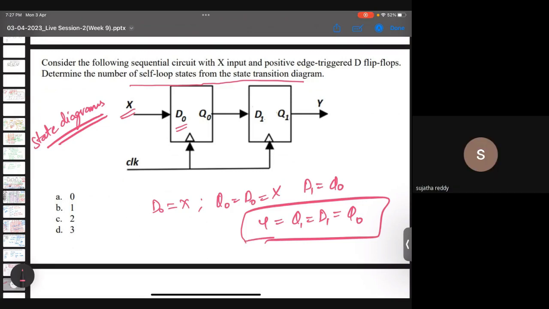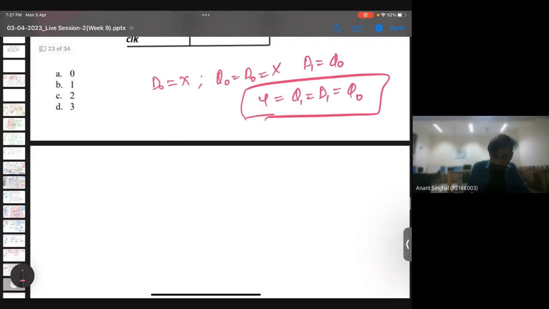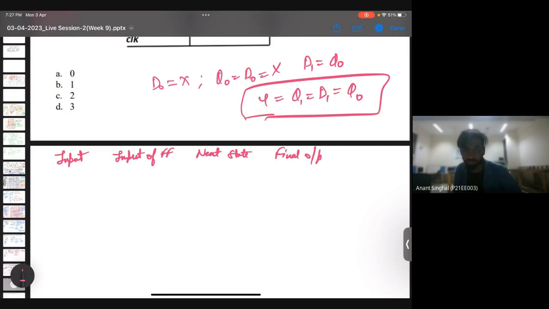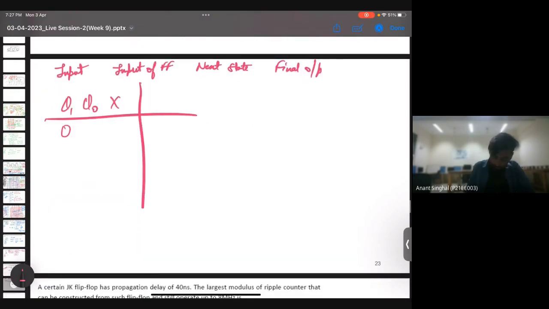Yes, sir. So we'll write the state table, in which we'll write the inputs, the inputs of the flip flops, the next state, and then the final output. This is a table that we make generally for state diagrams. For the input we have eight cases, so let me write all the possible cases first.